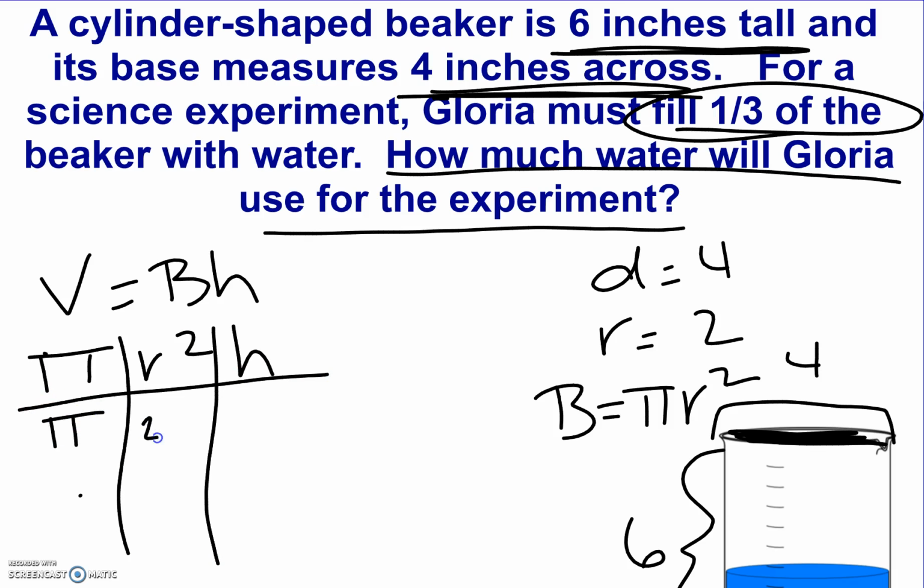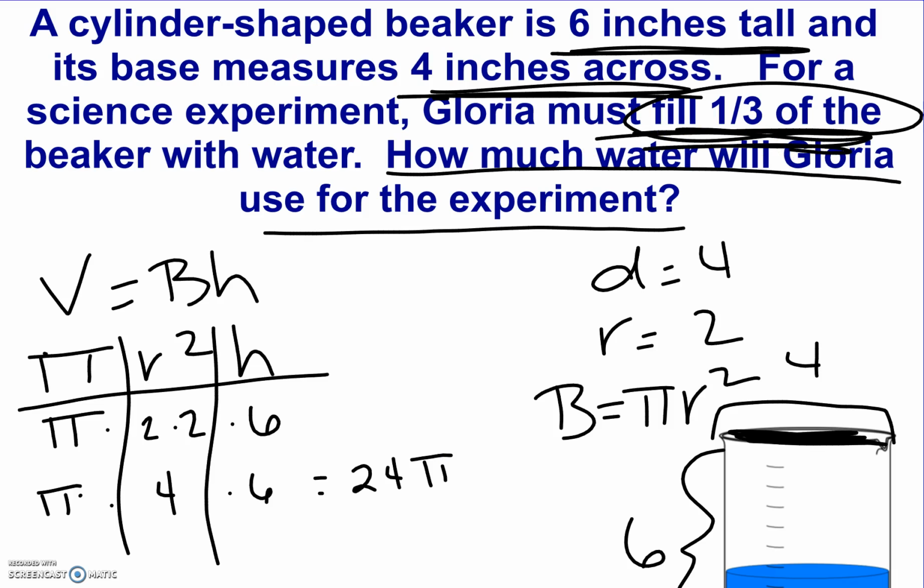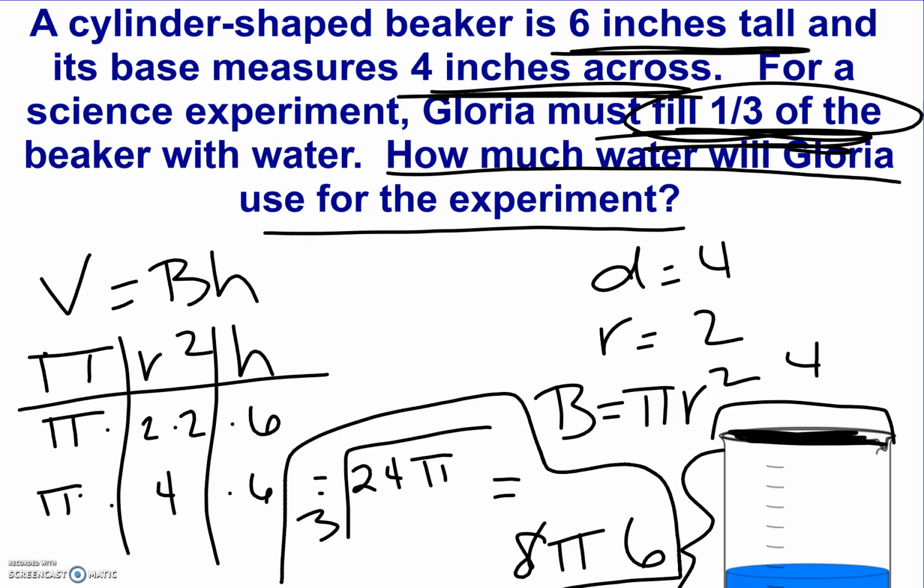Pi times 2 times 2 times 6. Pi times 4 times 6 equals 24 pi. But it says 1/3 of the beaker. So now I need to divide by 3 and I would get 8 pi. So there is your answer.